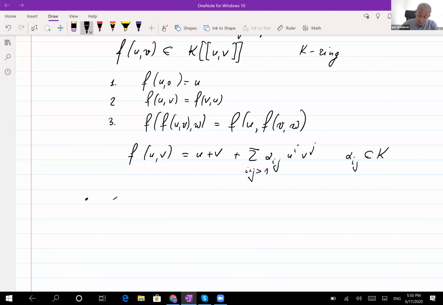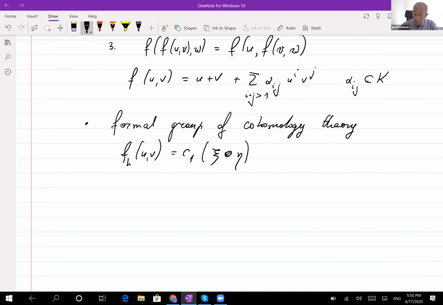The formal group of a cohomology theory can be defined whenever you have a first Chern class of a line bundle, namely by definition F_H(U,V) is the first Chern class of a tensor product of two line bundles on two copies of CP infinity, the projective space. So it is in the cohomologies of the product of two projective spaces.